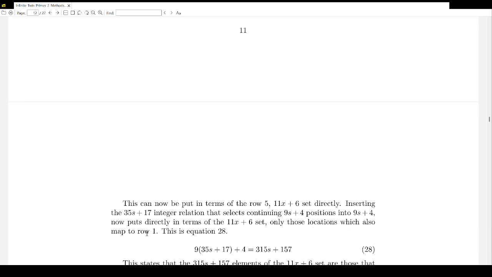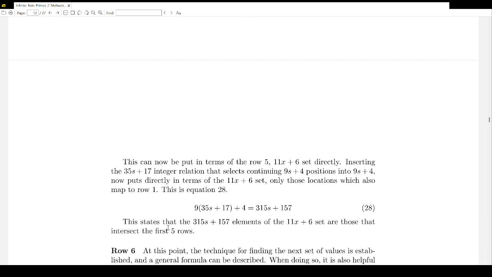Only those locations which also map all the way through to row 1. This is equation 28. Not 828, just equation 28. So when you plug that one generator into the line, you see that it equals 315s plus 157. So this states that the 315s plus 157 elements of that 11x plus 6 set, which is the 5th row, are those that intersect the first 5 rows.